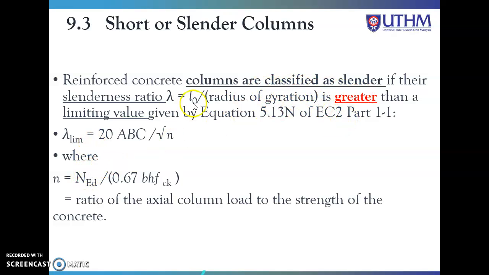This slender if their slenderness ratio is greater than the limiting ratio. So kita nak kena kira dia punya limiting value lah. Compare kan. Okay. This is the equation. Apa itu A, apa itu B, apa itu C adalah constant. Depends on the types of the column. Okay. So kita nak study pasal brace column. So dia ada value-value dia kat sini.